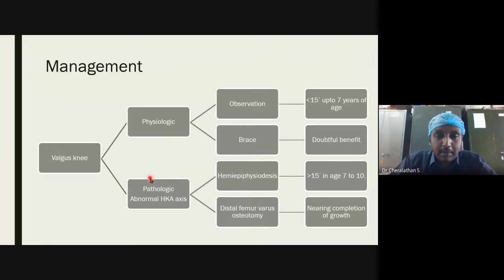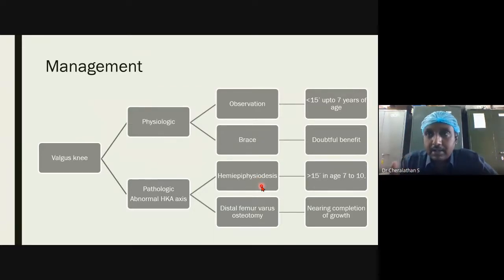Now, if you determine that the condition is an abnormal or pathologic valgus, where the Q angle is more than 20 degrees and the intermalleolar distance is more than 8 centimeters appropriate for that particular age, and you label that to be a pathologic valgus, in that case you have two treatment options. Usually, medical management can work in certain cases, especially in rickets, right?